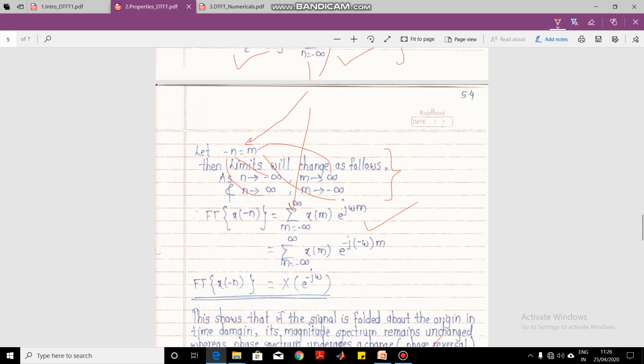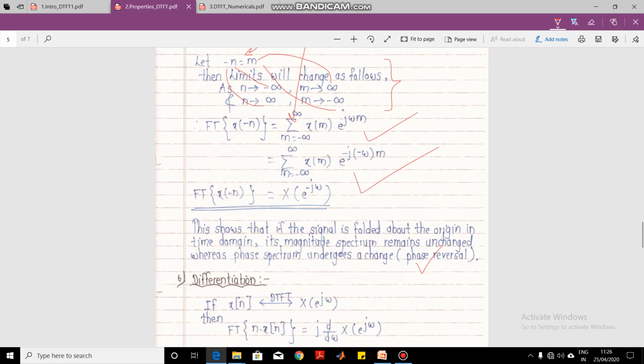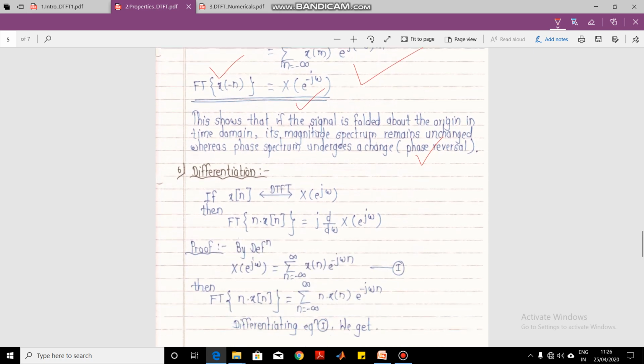That's why we make this arrangement. We take minus here, and instead of omega it will be minus omega m. And now we can write the standard equation, that is, the Fourier transform of x of minus n will be X of e raised to minus j omega. So this shows that time reversal leads to phase reversal in the frequency domain.